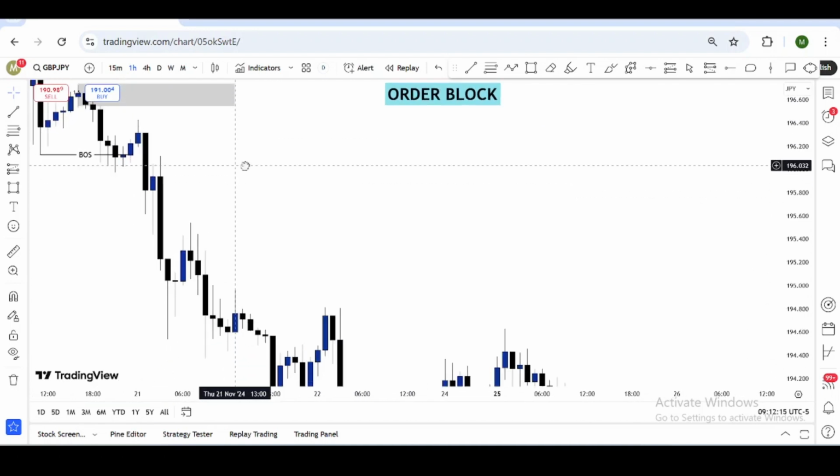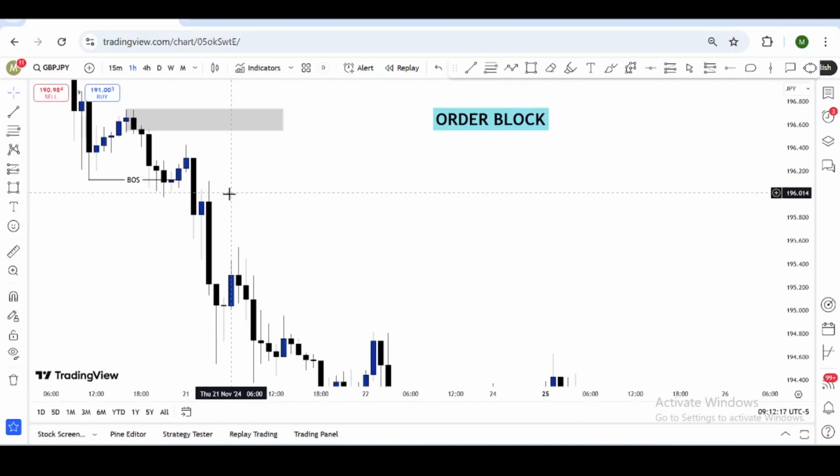All right, now let's identify another order block. This point here is also an order block. This last candle that traded to the upside before this particular move here, before this momentum down, before this particular move to the downside here, this is an order block.